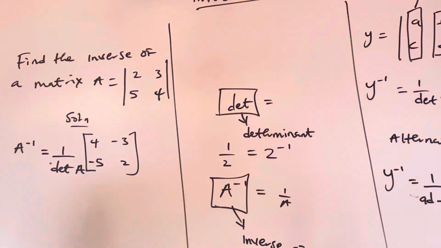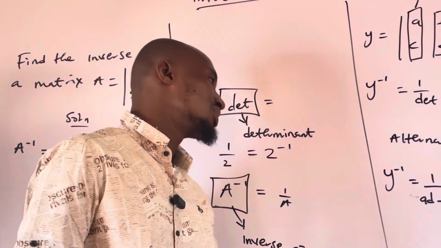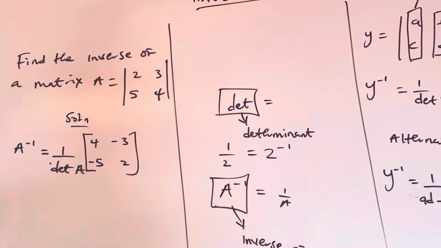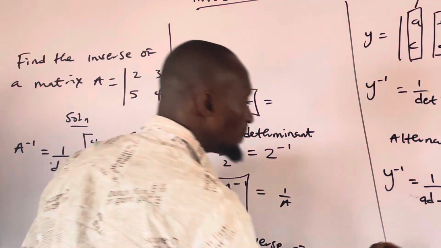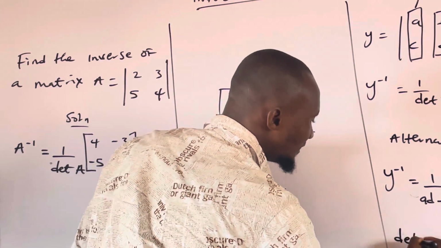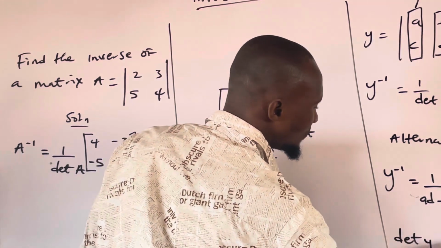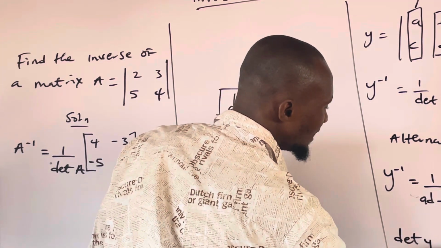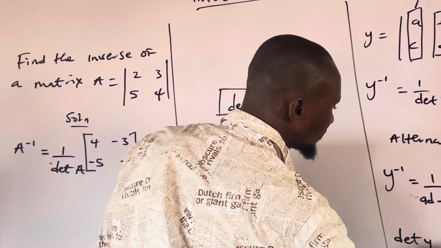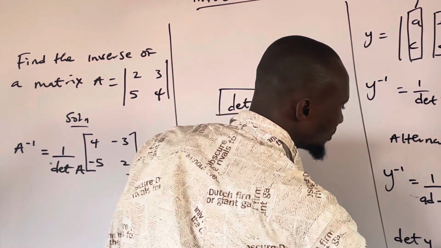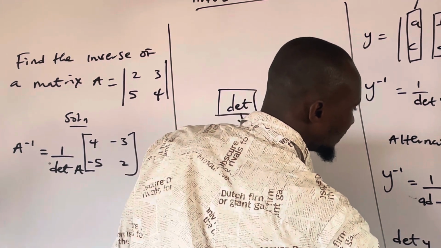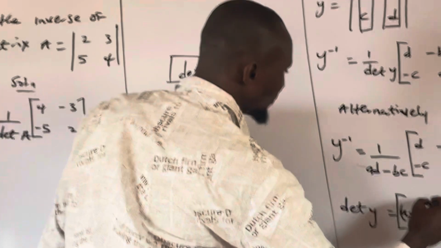Do you get? So to solve for this det A, let me add it here now because putting everything at once may bring confusion. Do you get? So now, det A here is equal to, that is A times D minus B times C. Exactly what I did here.